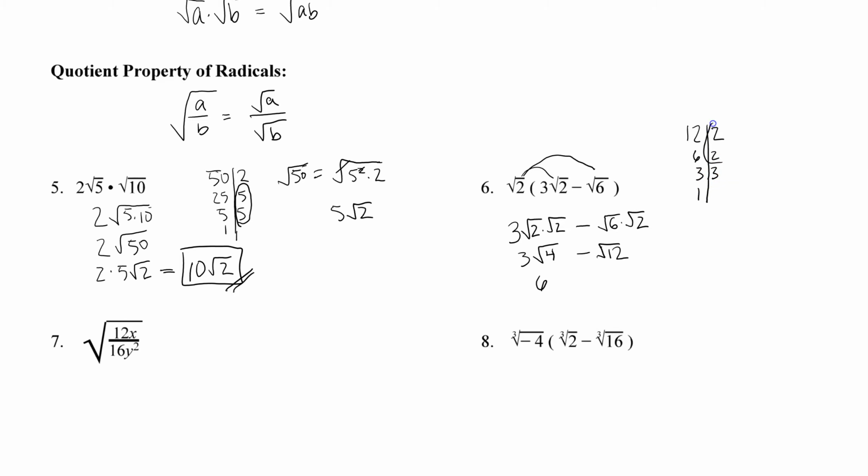And I can circle a pair of those, so I can rewrite the square root of 12 as the square root of 2 squared times 3. Square root cancels the 2, bringing it out as 2 times the square root of 3. So 6 minus 2 square root of 3. And that right there would be your final answer.